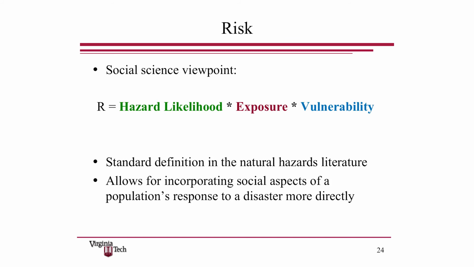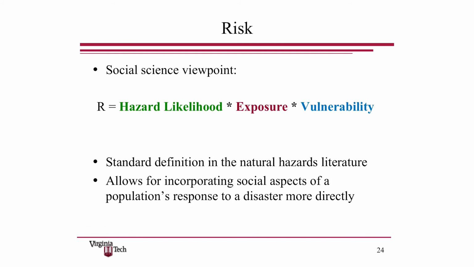And so the probability aspect comes in the hazard likelihood, and then the exposure is the extent to which physical aspects of the community or individuals within the community are actually exposed to it. And then vulnerability gets at things like what's the average income and to what extent, if someone is impacted, are they going to suffer as a result?